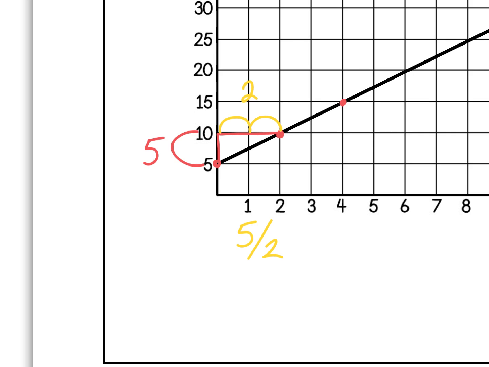And so what was his mistake? The y-axis went up by 5. He didn't take into account the scale on the y-axis.